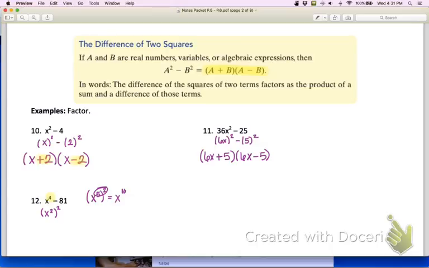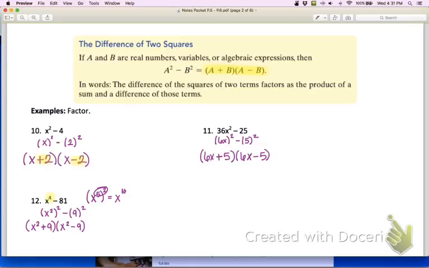So this is x to the 4th squared minus 9 squared. And so when I write this out, a plus b, a minus b, I get x squared plus 9 times x squared minus 9. Now this one's interesting for a couple of reasons.